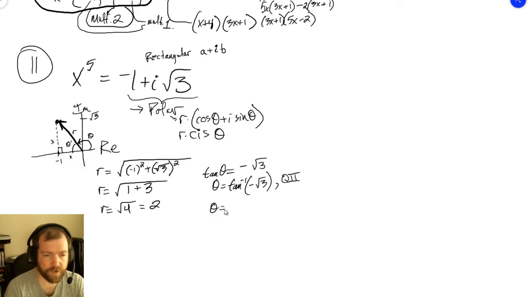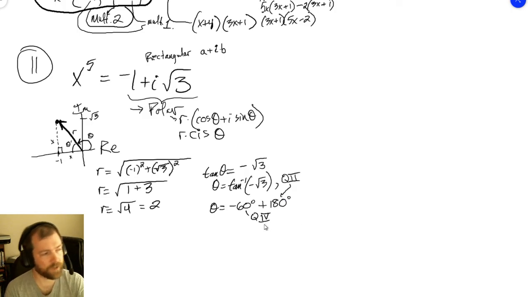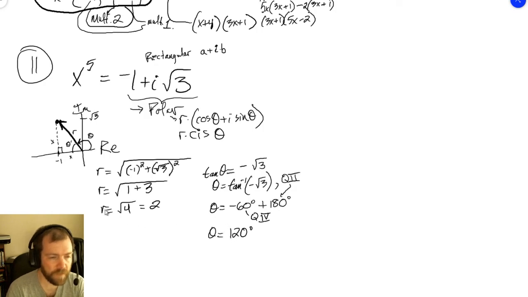So your theta from your calculator would actually be negative 60 degrees. So here, what we do is add 180 degrees to it. Again, this is quadrant 4. And when we add 180 degrees to it, we're going to put it back into quadrant 2. So theta is equal to a 120 degree angle, and r is 2.